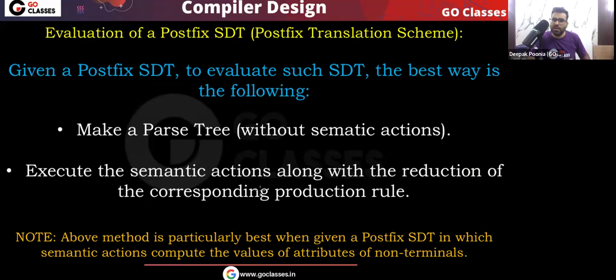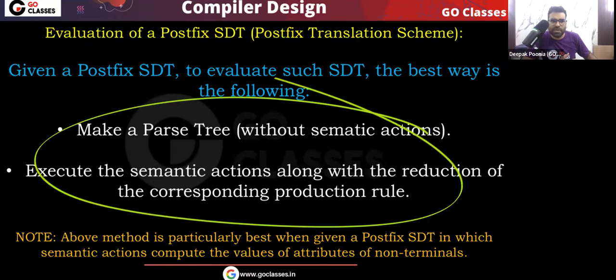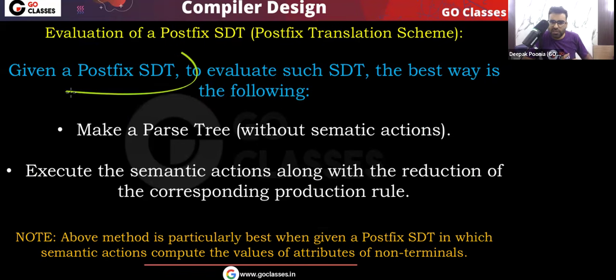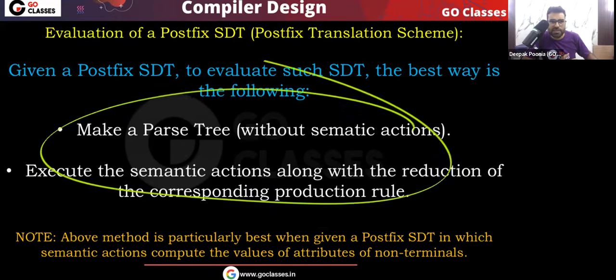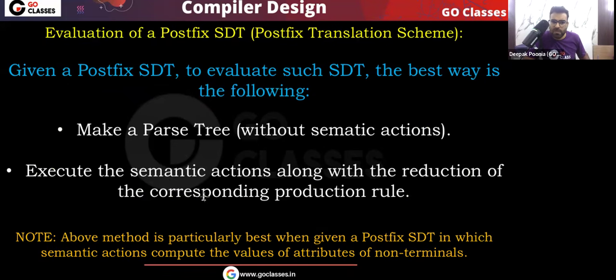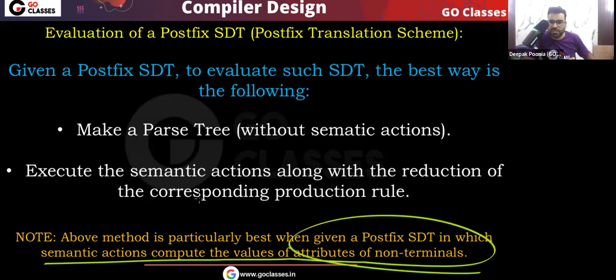But there is a particular situation where you must apply this method only. For postfix SDT, in which situation? The above method is particularly best when you are given a postfix SDT in which the semantic actions compute the values of attributes of non-terminals.